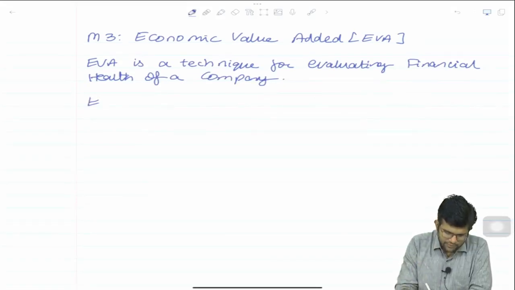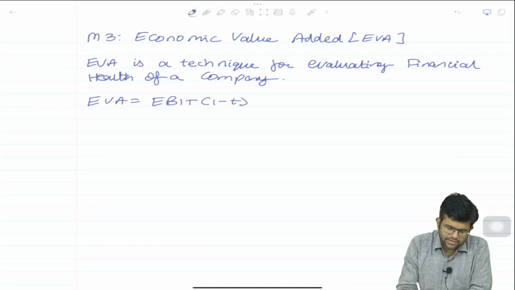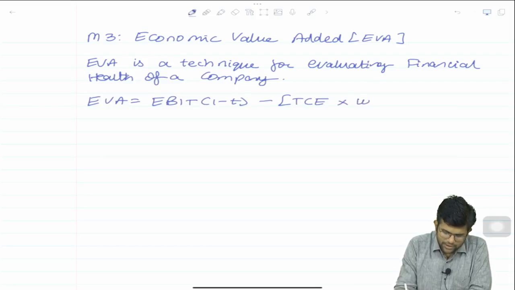Now I am giving you EVA formula. EVA is equal to EBIT (1 minus T) minus total capital employed into WACC.